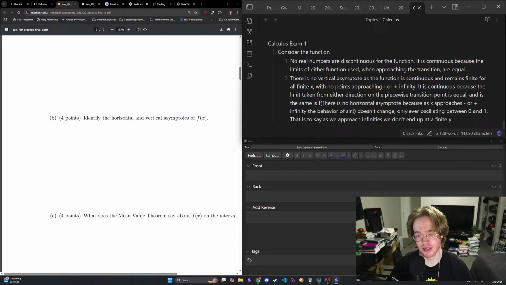Okay, I think that's technically correct, because remember, for continuity, given a value c, f of c has to exist, the limit as x approaches c has to exist, and both have to be equal.